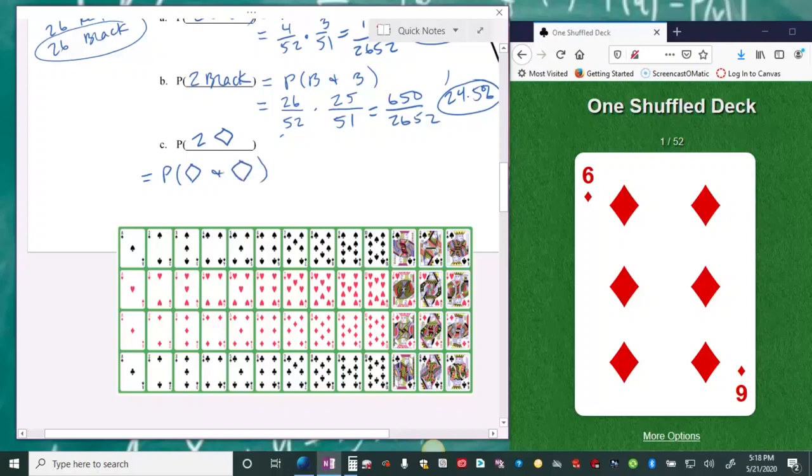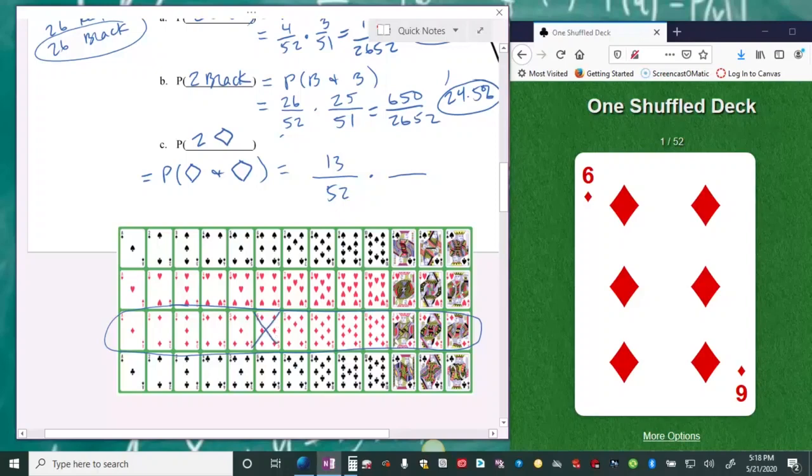There are 13 of each suit. So all of these right here are my diamonds. So when I start out trying to get that first diamond, so the first diamond times the second diamond, there are all 13 of them. So I have 13 divided by 52. I drew the 6 of diamonds, so I can go ahead and cross the 6 of diamonds out.